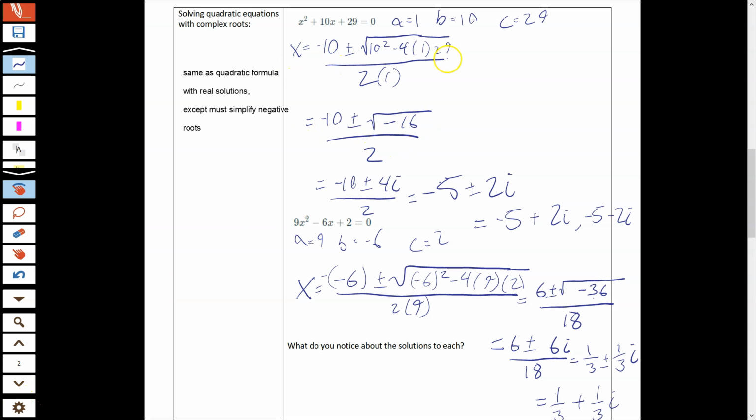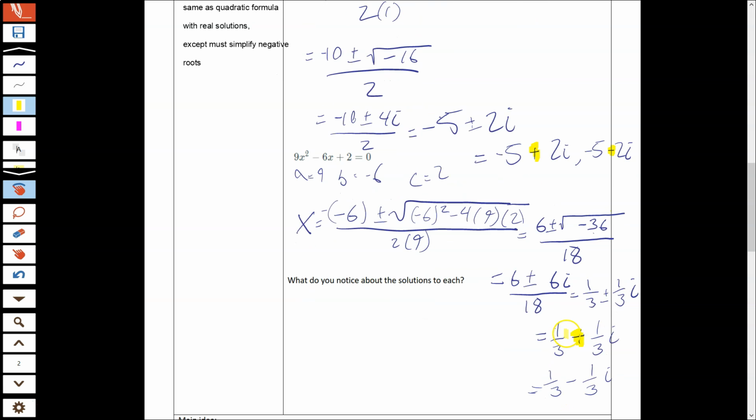And then we should notice a pattern here. In our solutions, 1/3 plus 1/3 i and 1/3 minus 1/3 i, the solutions always follow this pattern, that they're the same except for the sign in the middle, and that's because of the plus or minus that you're already familiar with in the quadratic formula.